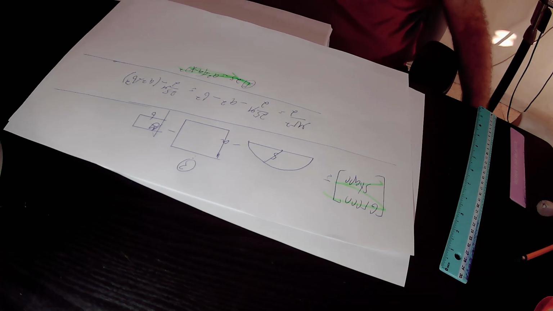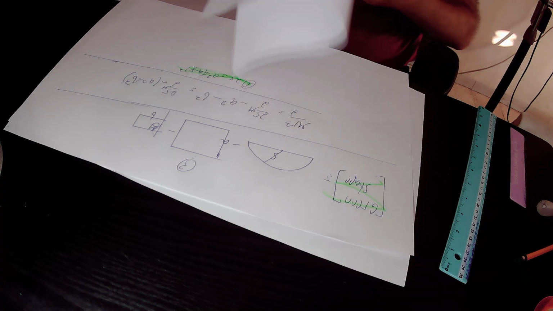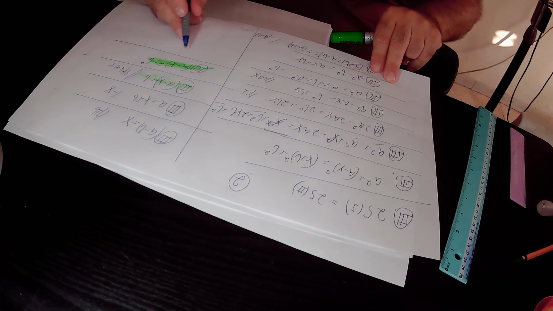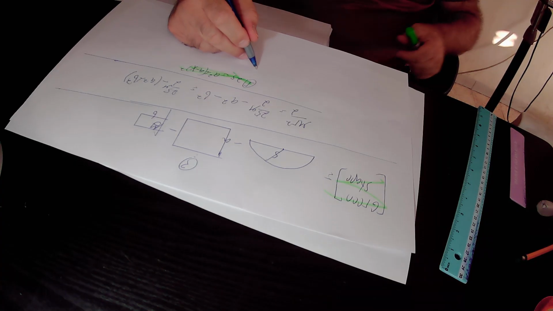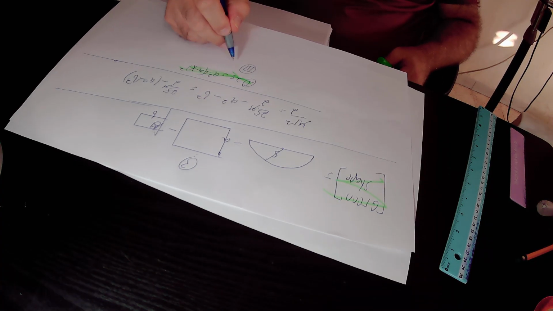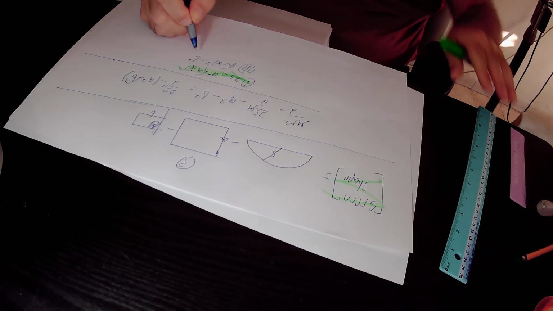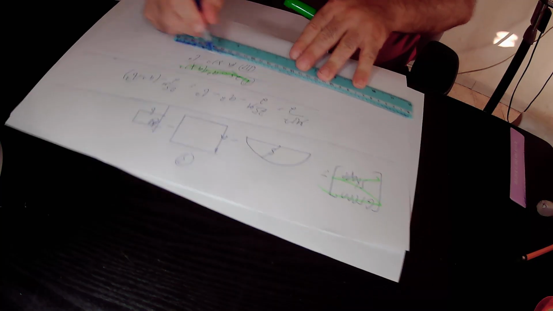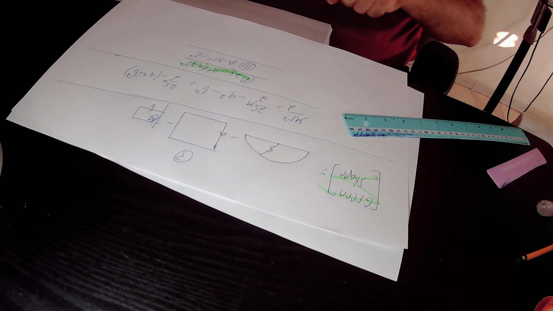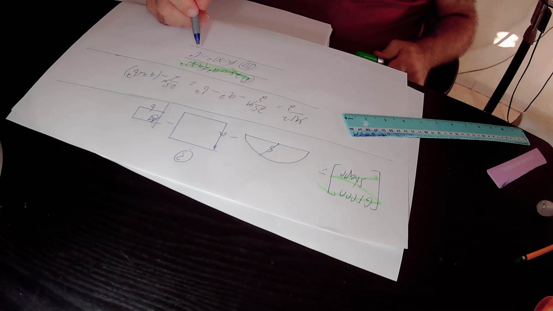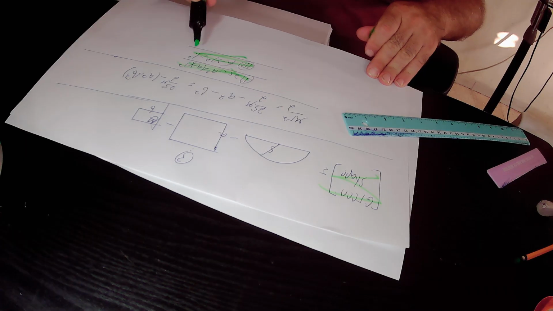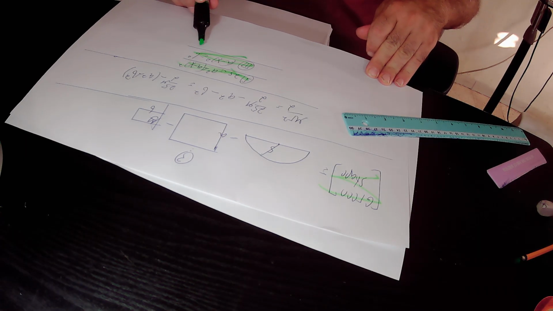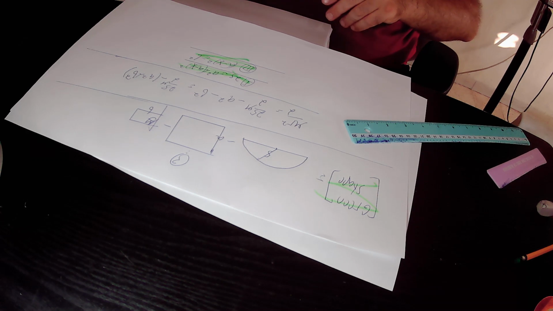But we have also found out that a minus x square equals b square, according to equation 3. So we can substitute a minus x square in equation 1 by b square from equation 3, because they are equal to each other.